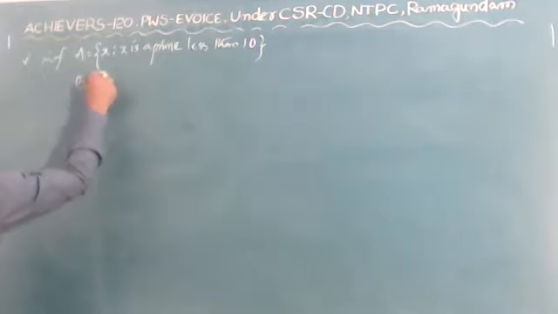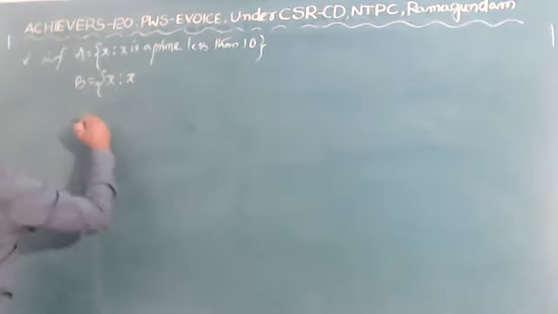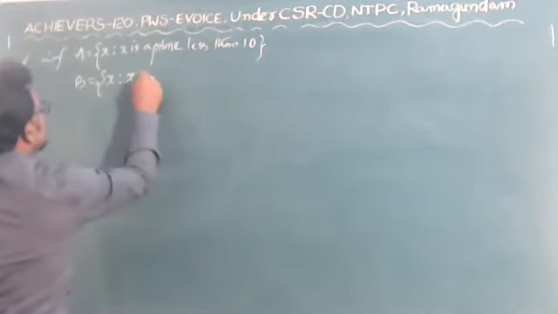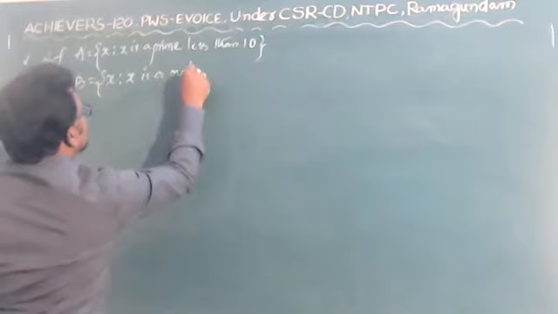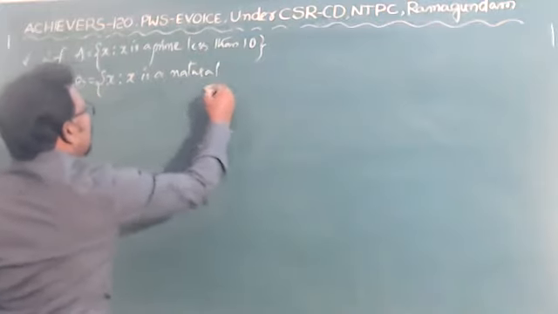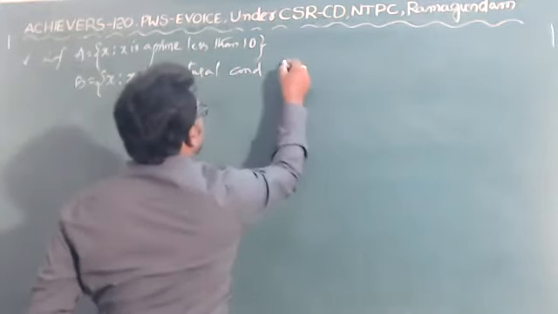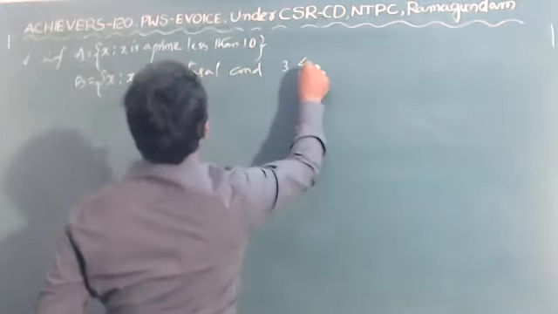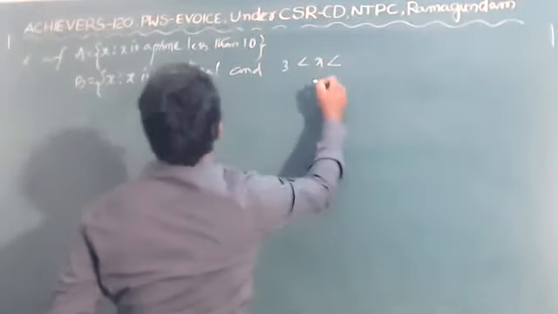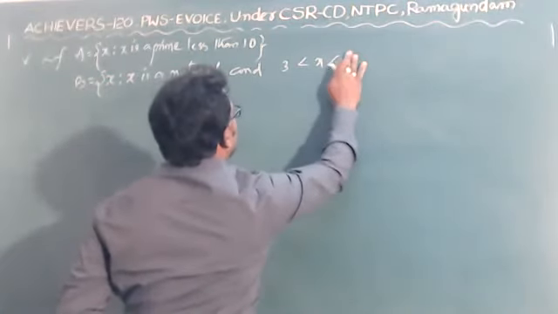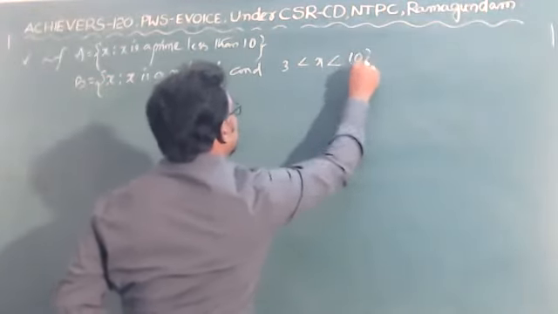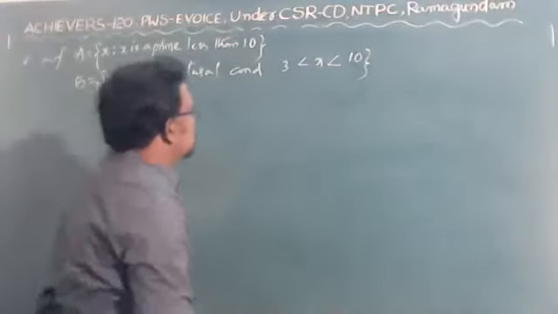B is x such that x is a natural number and 3 less than x less than 10, we will take. Your vision, that is your creating of the questions itself.